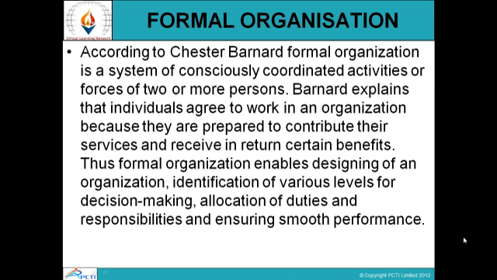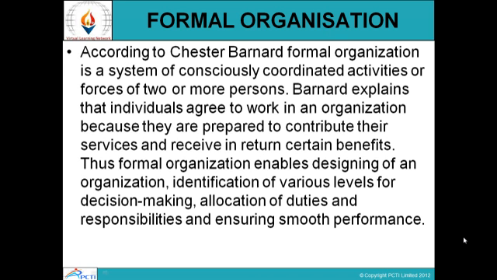According to Chester Barnard, formal organization is basically a system of consciously coordinated activities or forces of two or more people. So it is a very good flow of your activities, how your activity is going to be passed on. So individuals agree to work in an organization because they are prepared to contribute their service, and they receive in return certain benefits.